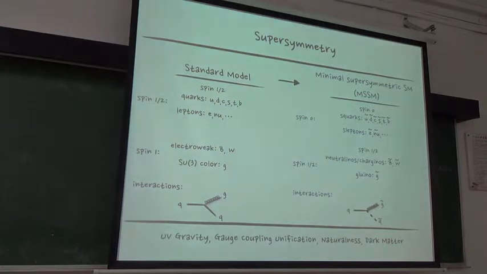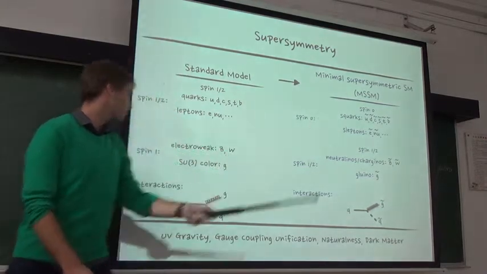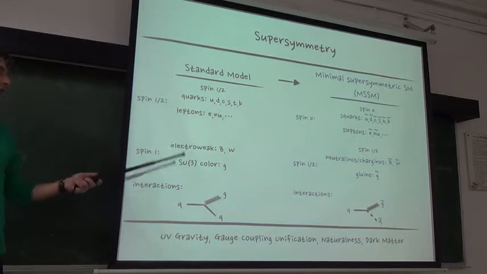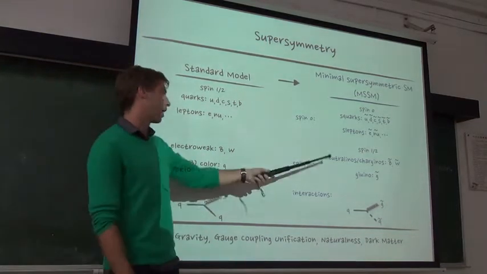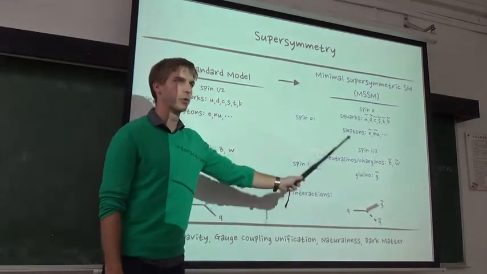So the standard model quarks and leptons get paired with new spin-0 scalar particles called squarks and sleptons. And the spin-1 particles, the electroweak gauge bosons and SU(3) colored gauge bosons, get paired with spin-1/2 particles, the neutralinos and charginos, and the gluino, which is charged under color.